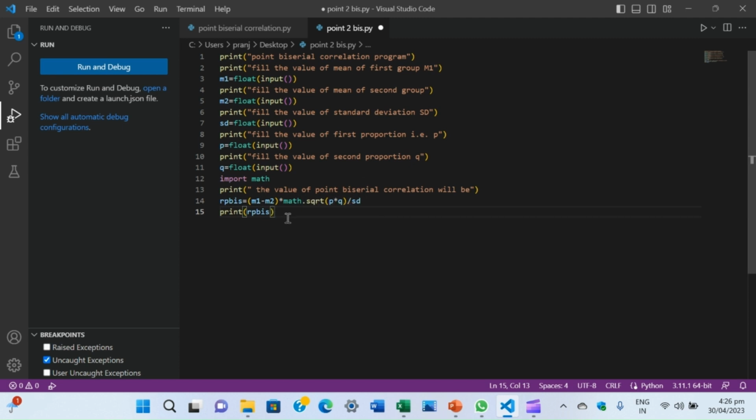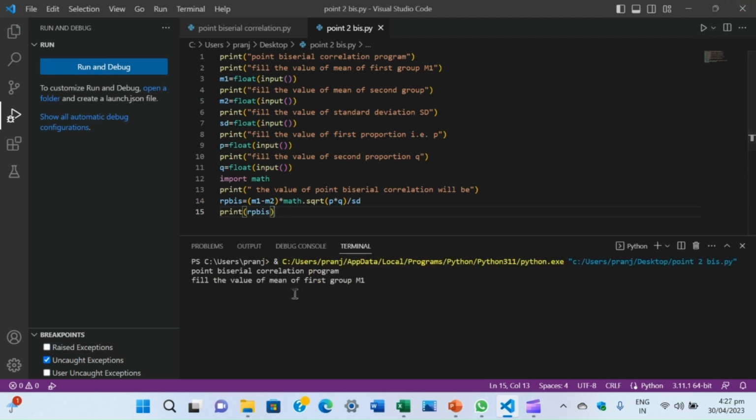And since this print tag was not there, the result was not being shown, and now it will be shown: print rbis. Now again we run this program and fill the value. First group mean, that is 22.33, enter.